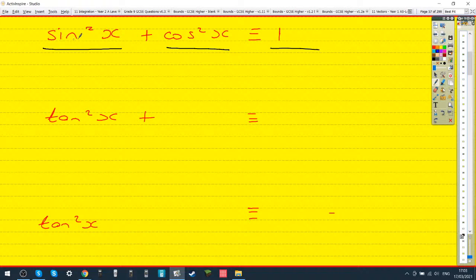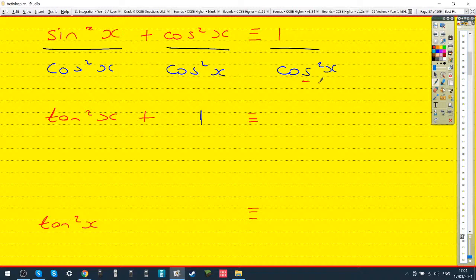What do you have to divide sine squared x by to get tan squared x? Cos squared x. Okay, divide everything by cos squared x. What do you get? Tan squared x plus 1 equals cosec squared x.